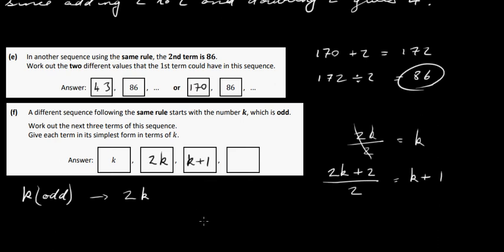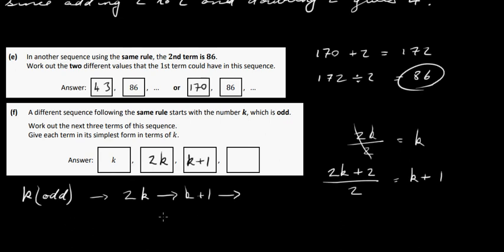Now, is k plus 1 odd or even is what you've got to decide. You've got to recognize here that k initially was odd.